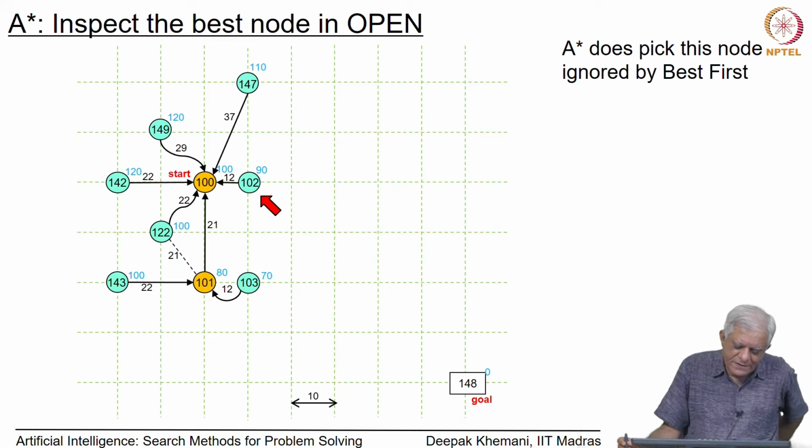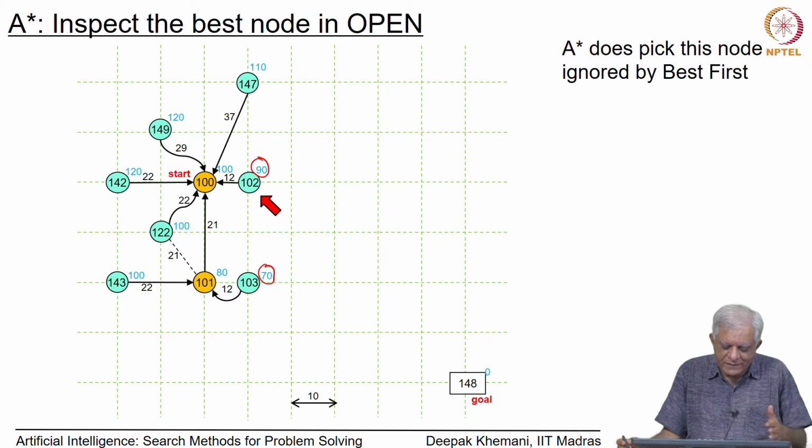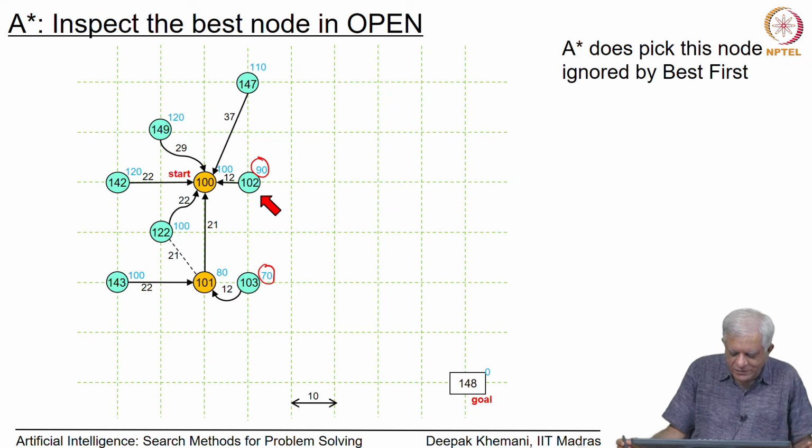But you can see that this node with an f value of 102 was ignored by best first, because best first would have preferred this node with a value 70 as opposed to this value of 90, and after that it never found a chance to go back to 90, because its heuristic value was always less than 90.